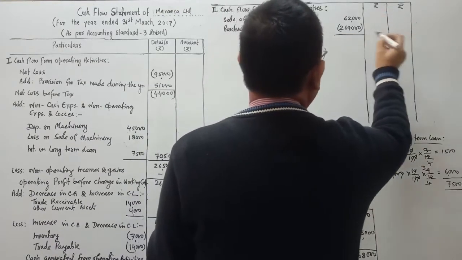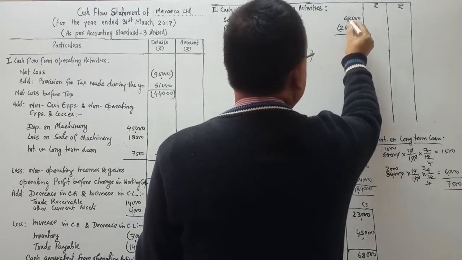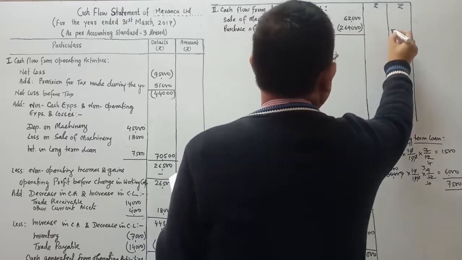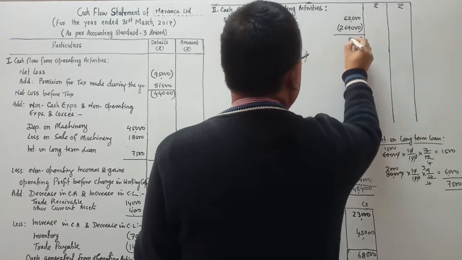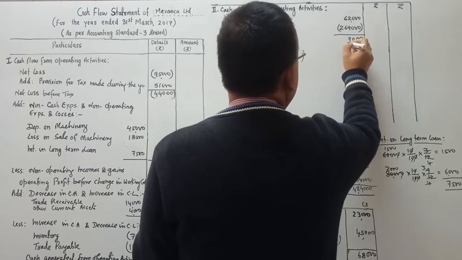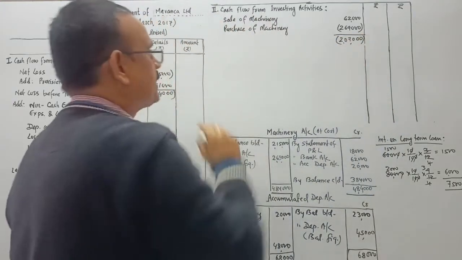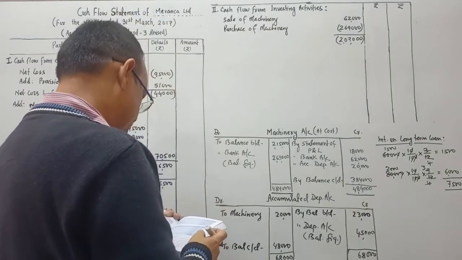You add this one, minus 2,69,000 and plus 62,000. So the figure is 2,07,000, it is minus.